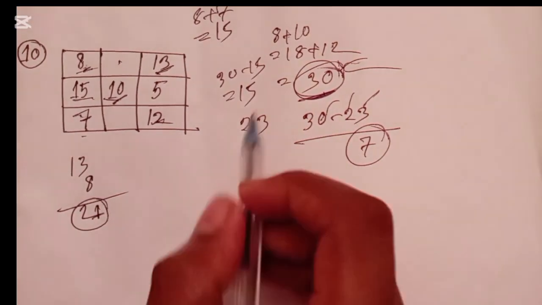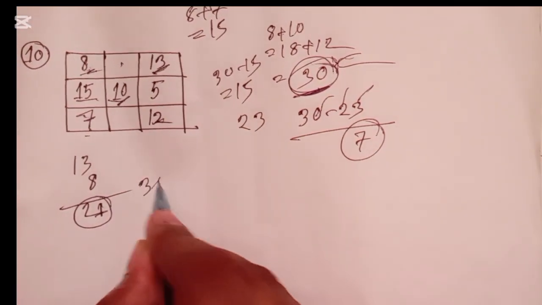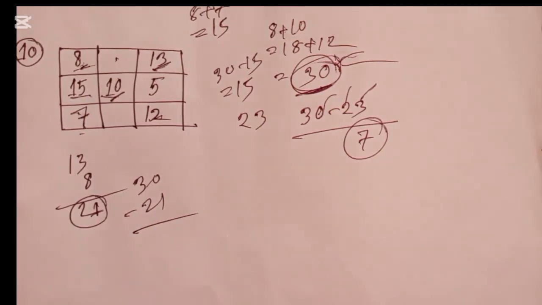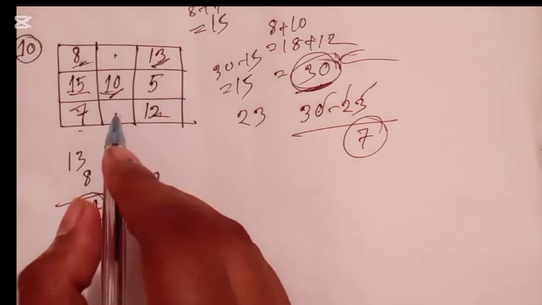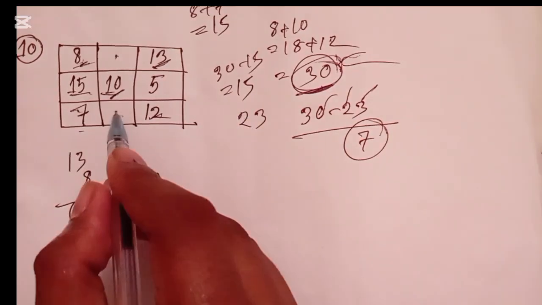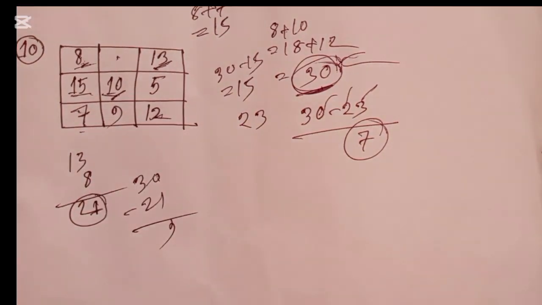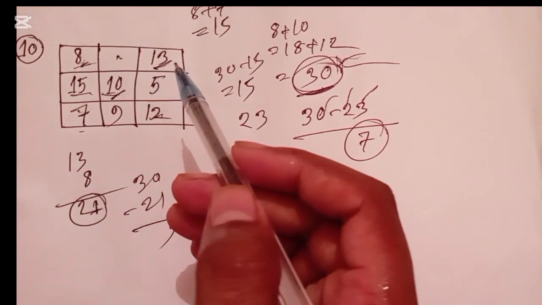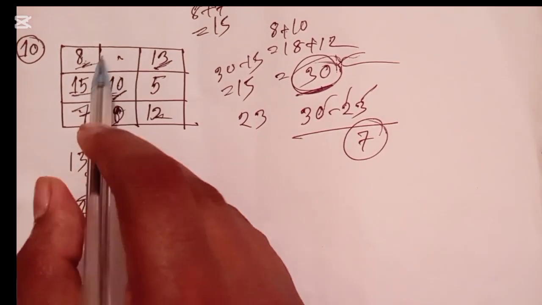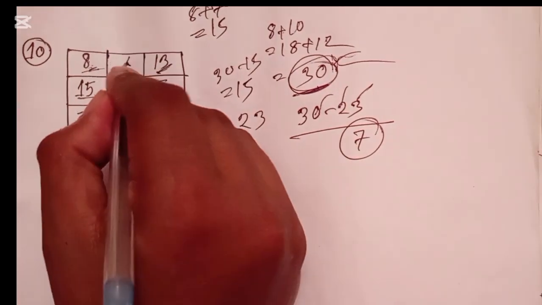So 21. We need 30. So 30 minus 21 is 9, right? So here will be 9.